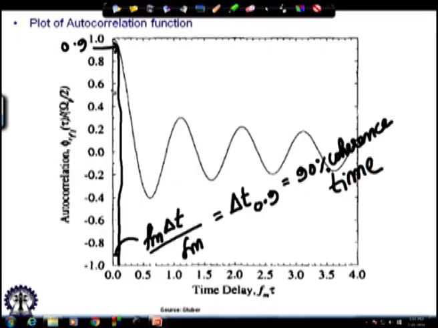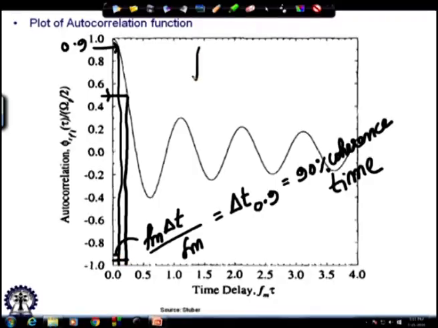Similarly, if I take this point and go down to, let us say, a point here, then this point has a value over here.